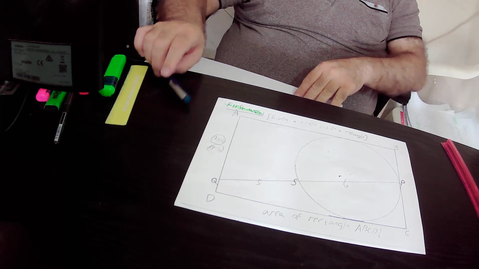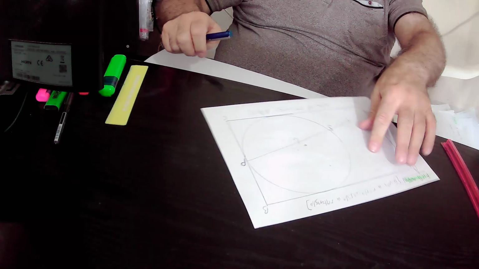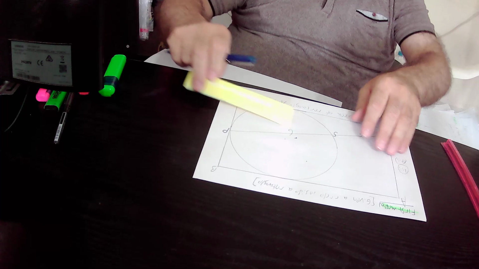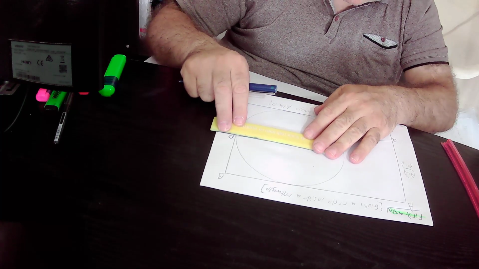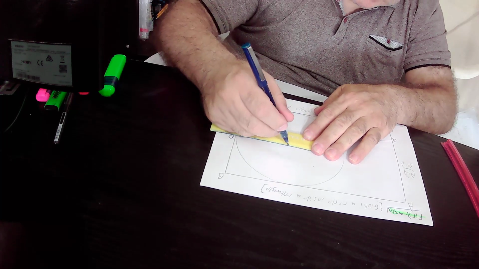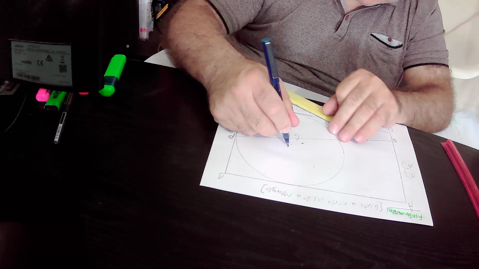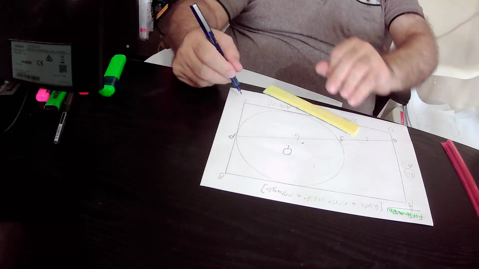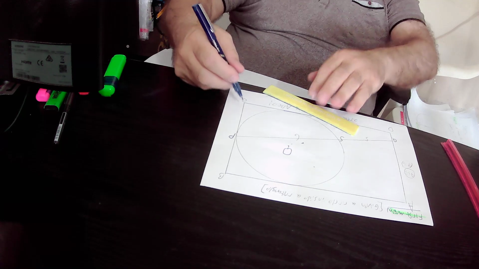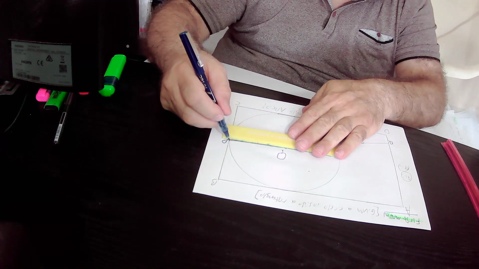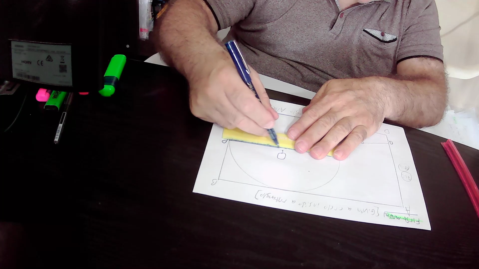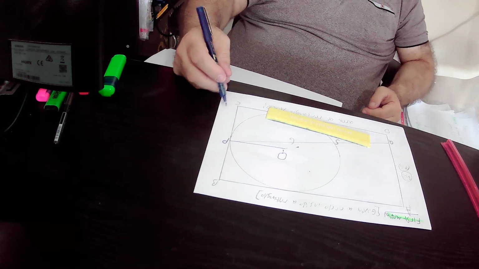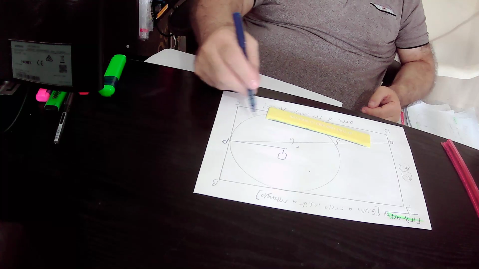So, first of all, we will define the center of this circle as point O. We'll join points O and P together by a straight line. Point O is the center of the circle, point P is a point of the circle itself, therefore OP is the radius of the circle.